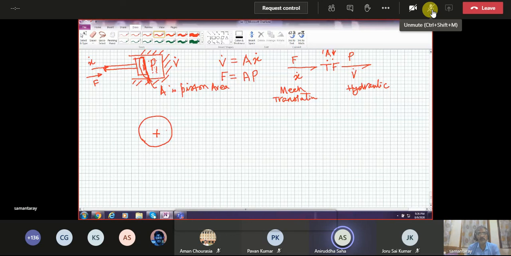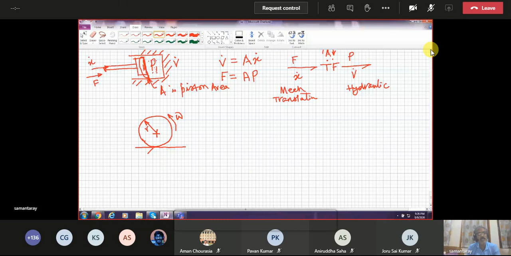Now, let him wait for a minute. So if you have omega R, there is pure rolling. Let's say then you have a transformer. This side is torque, omega.